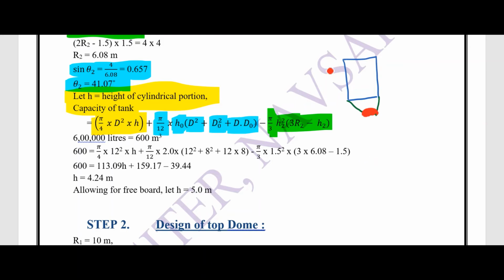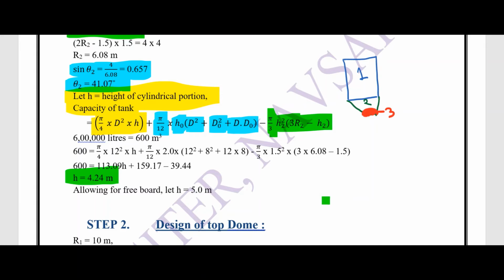The first portion is the cylindrical portion, the second is the conical dome, and the third, we remove the bottom dome from the capacity of tank. So by this equation we found the height of the tank. So h is equal to 4.24 meter.